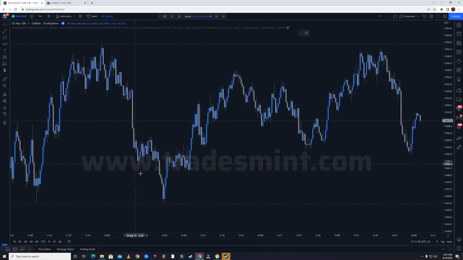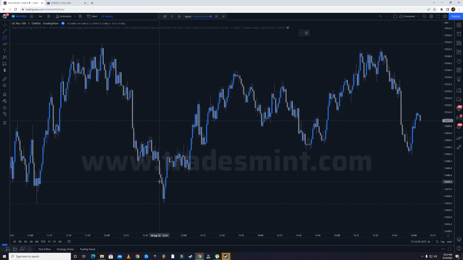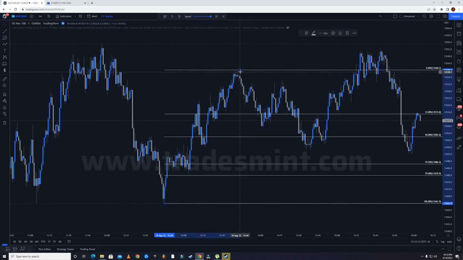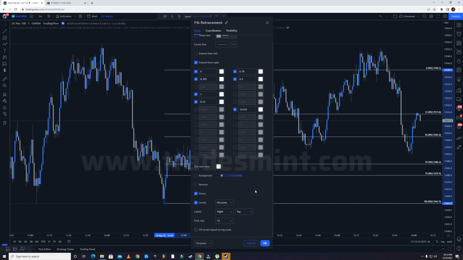Well, what you want to do is pull out your Fibonacci tool. You go to the settings here, choose Fib retracement. You want to start from the very low of that push to the very top of that push. And then first of all, you want to copy these settings. You can pause the video right here and copy these settings.